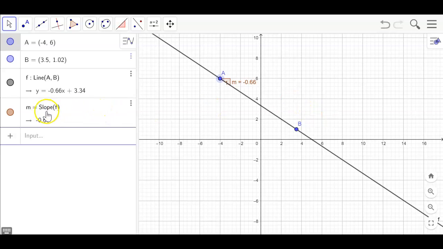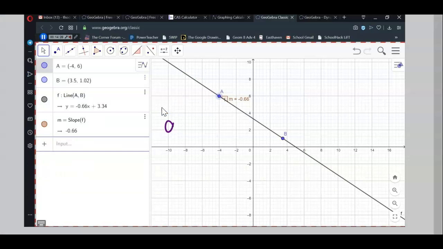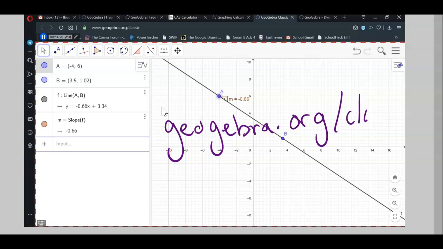The slope thing is really cool for them to see, and if you want, this is called GeoGebra. You can use this site, so you can see all those tools and maybe practice it a little bit before. GeoGebra.org/classic, for the easiest one.